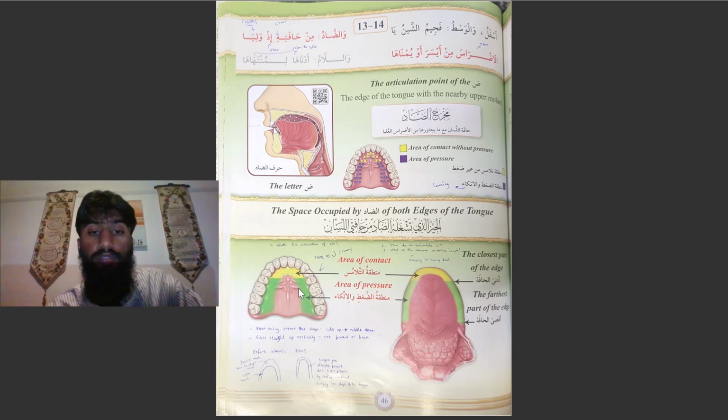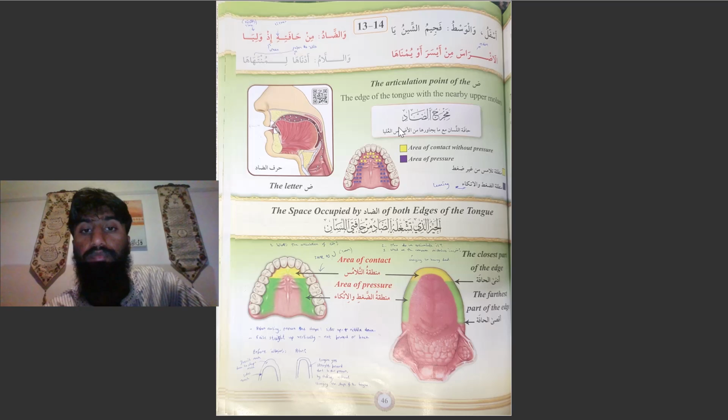Now that is touching and pressing against the gums of the molar teeth, and the tongue at the top is near the other teeth, the front, where lam is from, which you will see later.